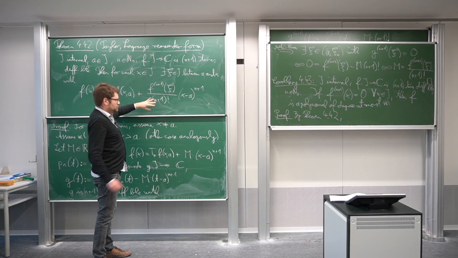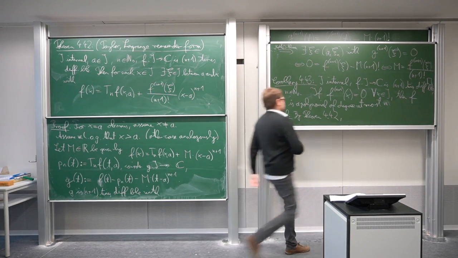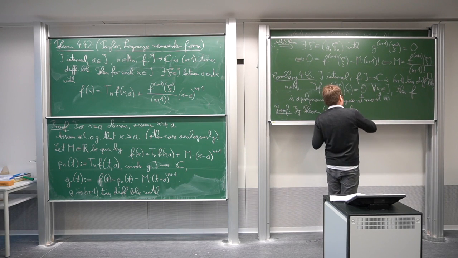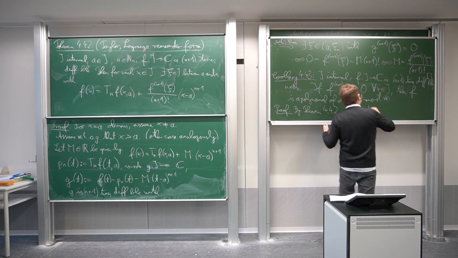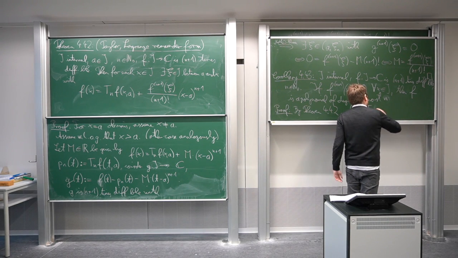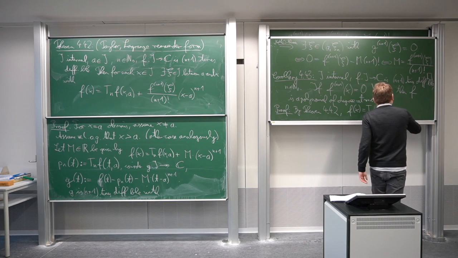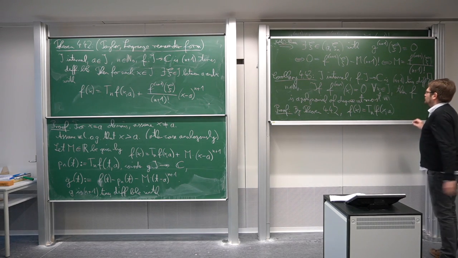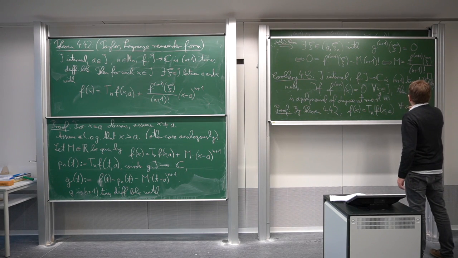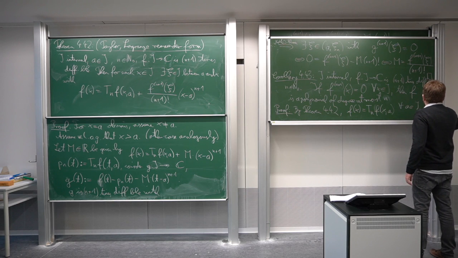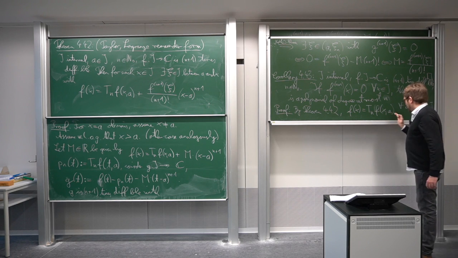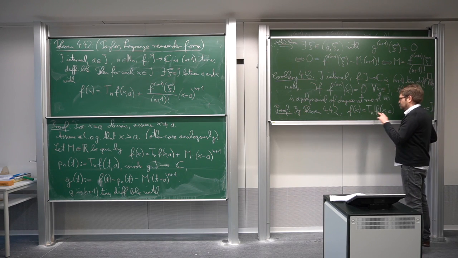So this is vanishing. So by Theorem 442, f of x is equal to the Taylor polynomial Tn f of x at a, for all a in I, x in I. So we can just choose some a and then find that f is equal to the Taylor polynomial, which is a polynomial of degree at most n.